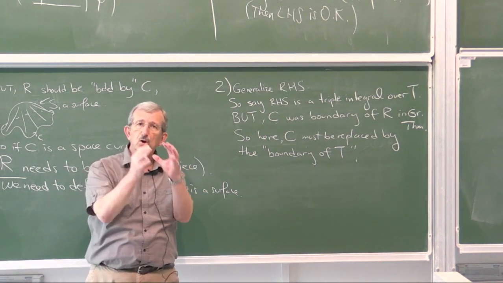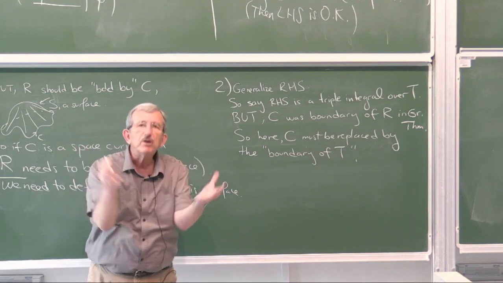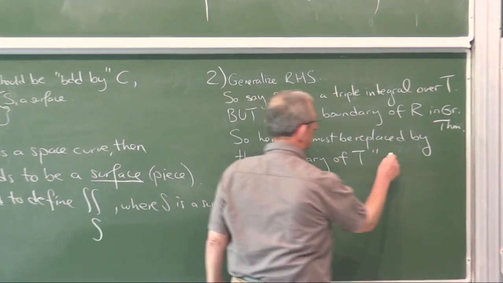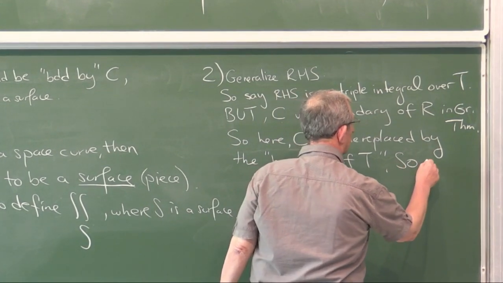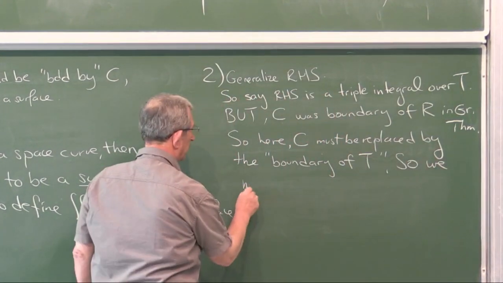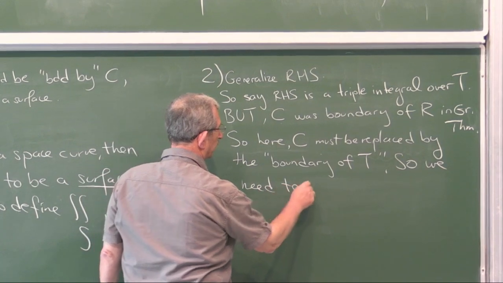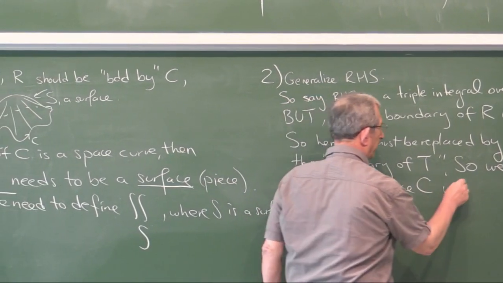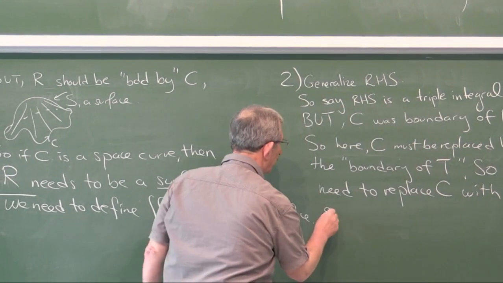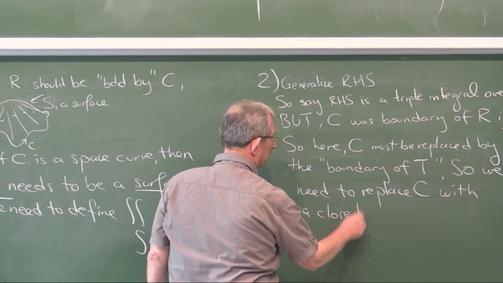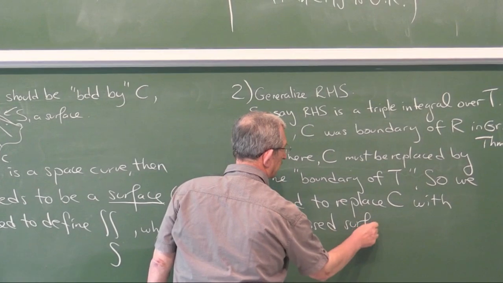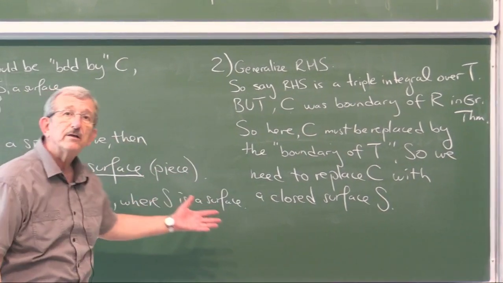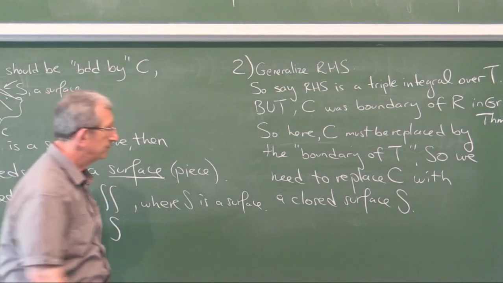If you have a solid in space, its boundary is a closed surface. So we need to replace C with a closed surface, S. So again, we need a surface integral.